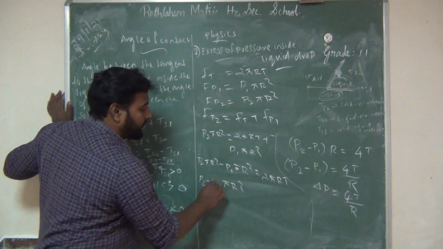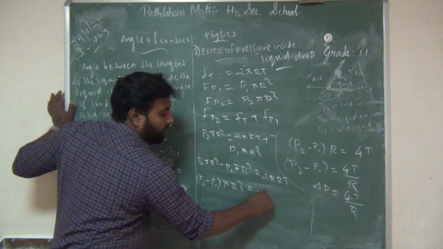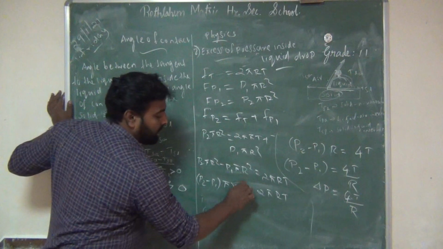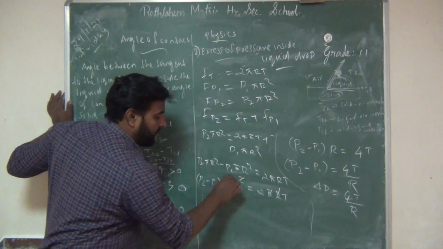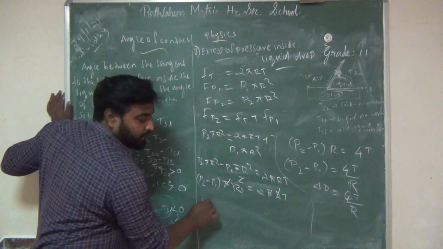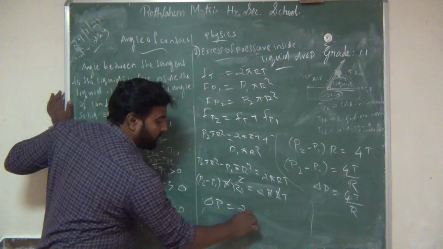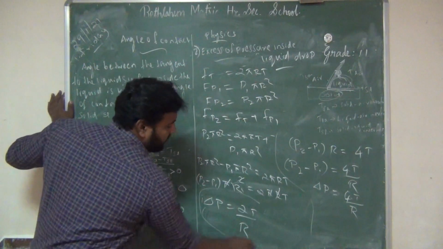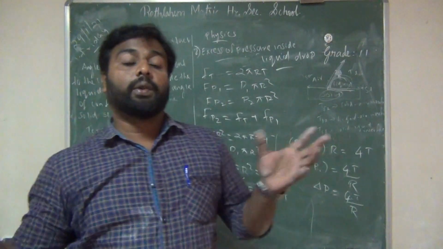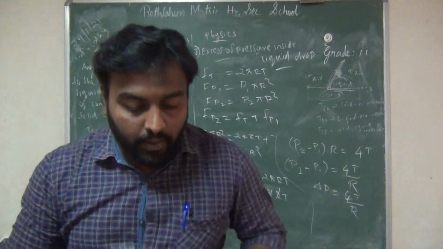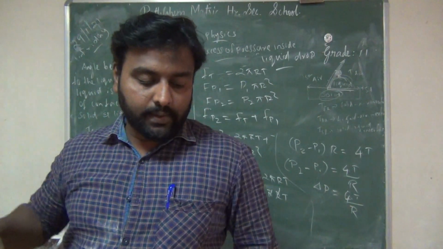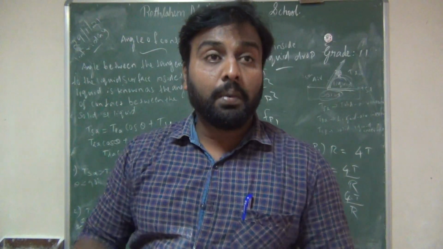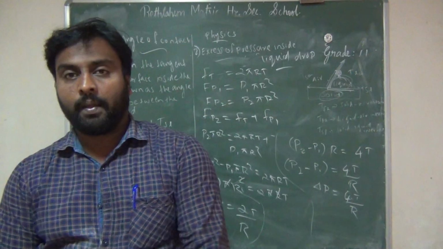So P2 minus P1 inside bracket is equal to 2 pi rt. Cancel this pi. So P2 minus P1, delta P, is equal to 2T by R. Again the same pressure. This is how we can find out the excess pressure inside the liquid drop, excess pressure inside a soap bubble, and excess pressure inside an air bubble and a liquid drop.